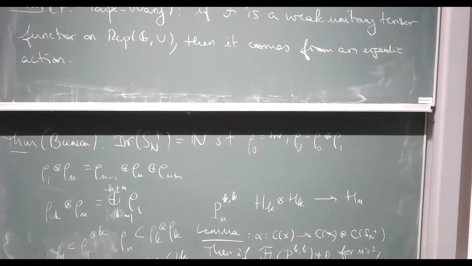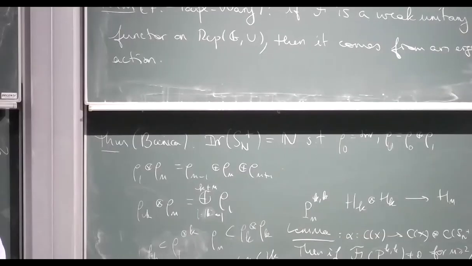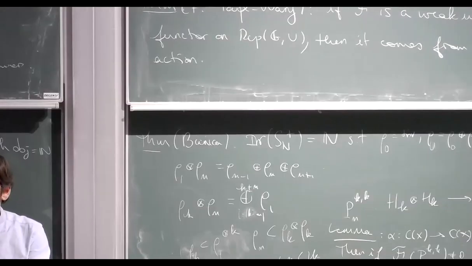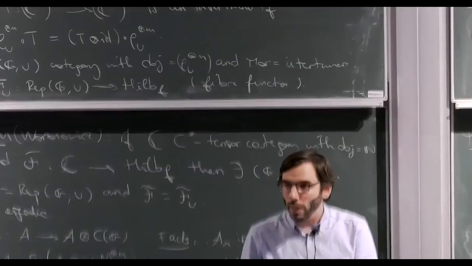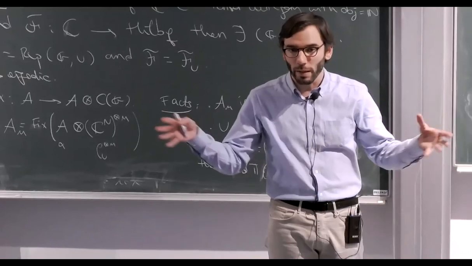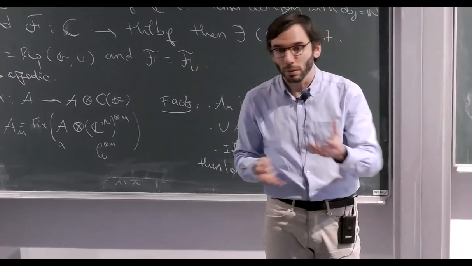In fact, what we do is we construct many actions by really just specifying the functor itself. So you build a family of Hilbert spaces with isometric embeddings between the tensor products, right? So Hn tensor Hk should embed into Hn tensor K. You have to find embeddings which compose in a natural way, and then you have to build a functor.